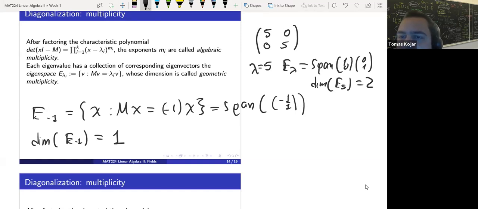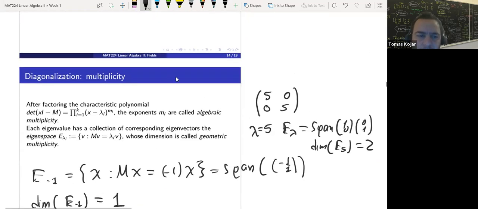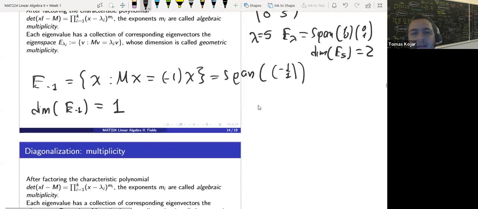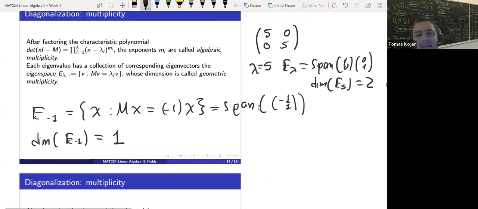Angela says, intuitively, algebraic multiplicity is how many times a root shows up, and geometric is how many times an eigenvector shows up. Well, it's not quite correct. You're right about algebraic multiplicity, but for geometric multiplicity we are still looking at the eigenvalue.